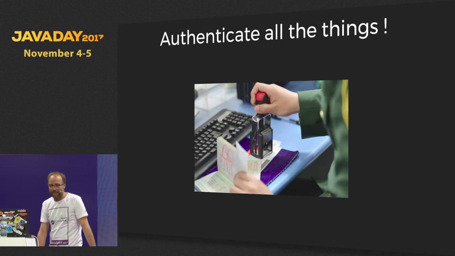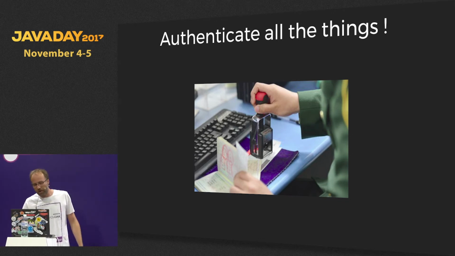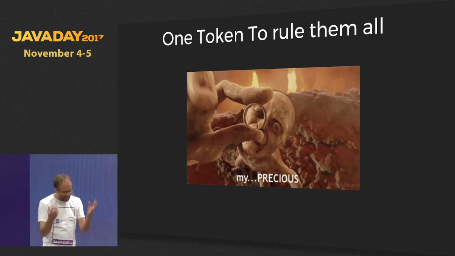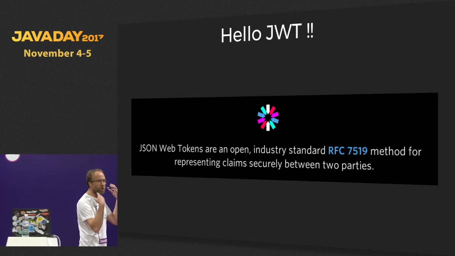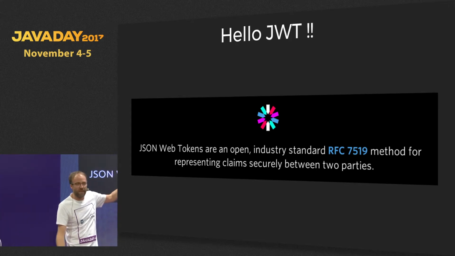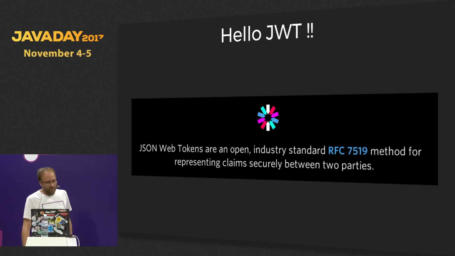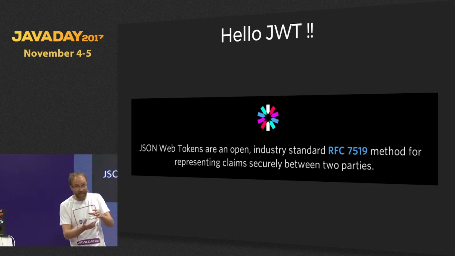And what is this stamp? It's not just a stupid token with random numbers. No, it's more than that. It's a token that contains everything you need. It's a JWT, which stands for JSON Web Token. We speak about self-contained tokens.